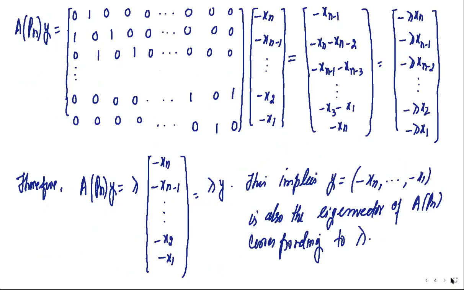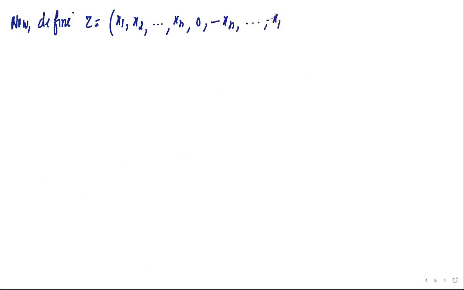So now define, suppose, Z equal to x1, x2 to xn, then 0, minus xn to minus x1. Then we have to show that this is an eigenvector of C2n plus 2 corresponding to the eigenvalue lambda.